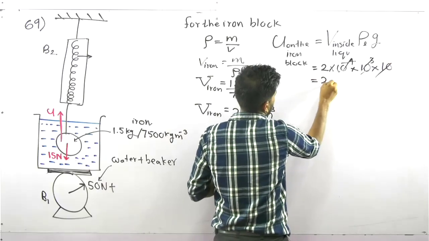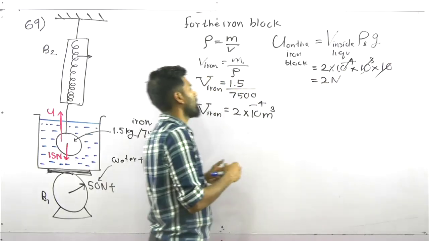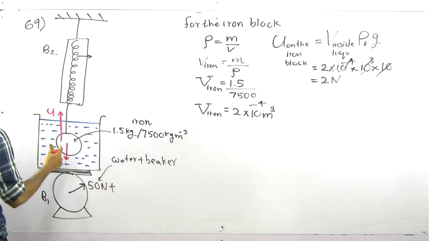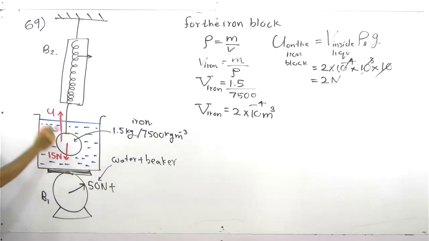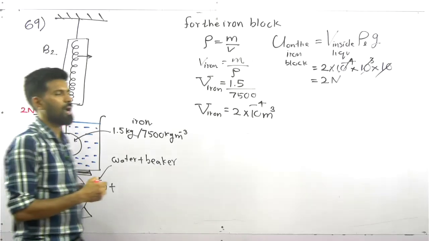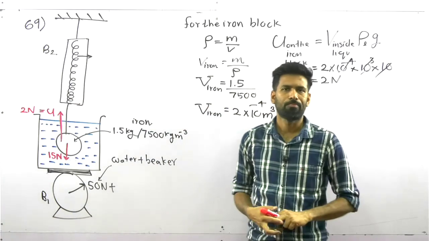So upthrust is 2 newtons. Weight of the iron block 15 newtons, upthrust 2 newtons.